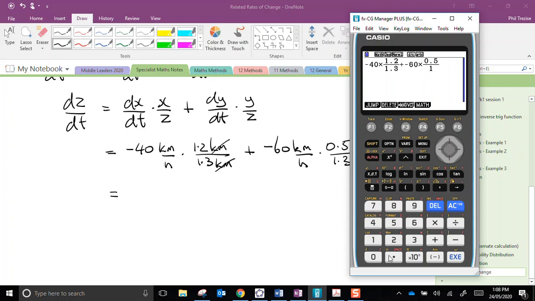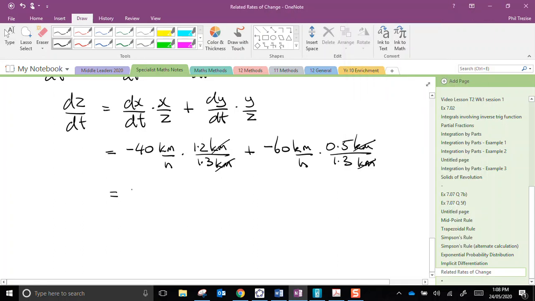Oh, I'm hitting the wrong buttons today. 1.3, there it is. The answer is negative 60 kilometres per hour.